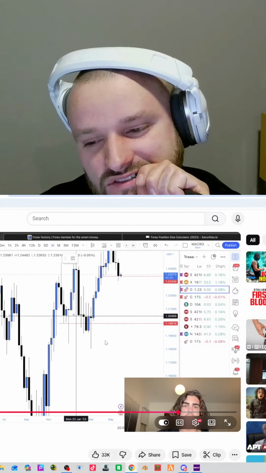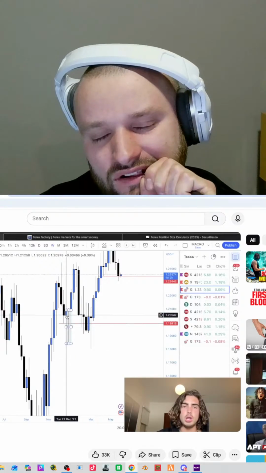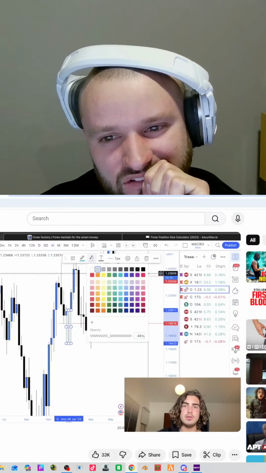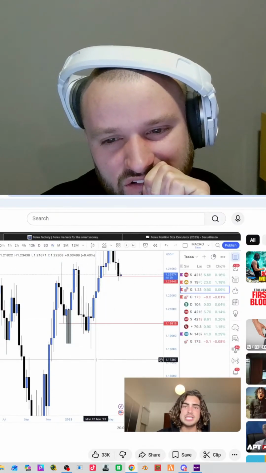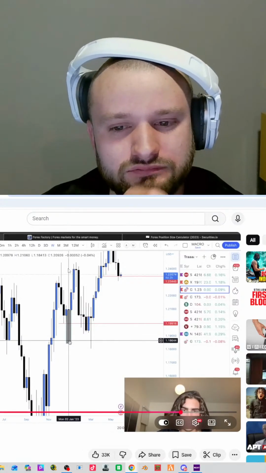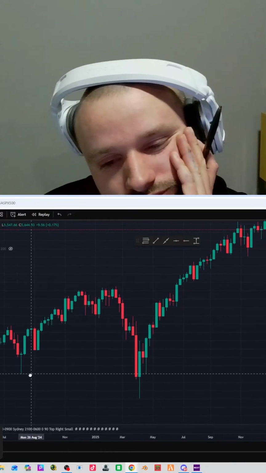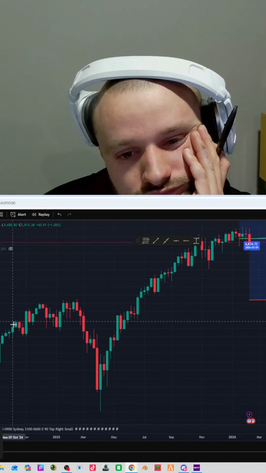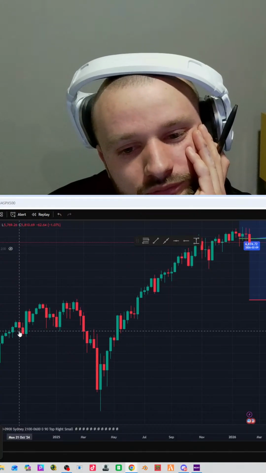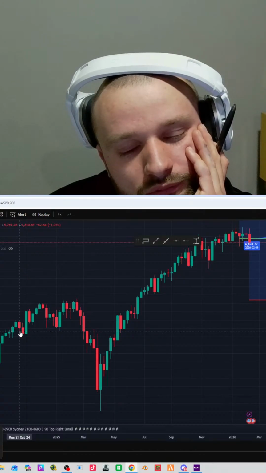At one point in time, this black candle right here was a full black candle to the downside. It looked like this. I know damn well. Move up, then a move down. It's a low. Move down again, another low, close below it.